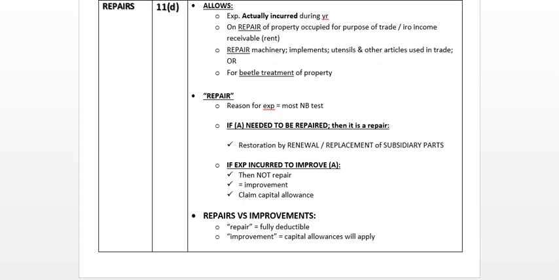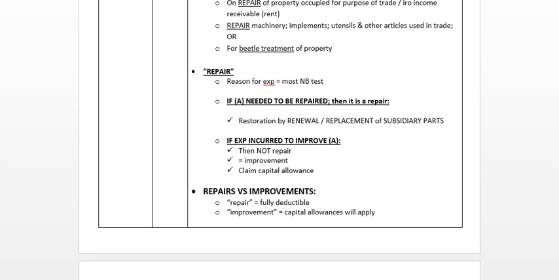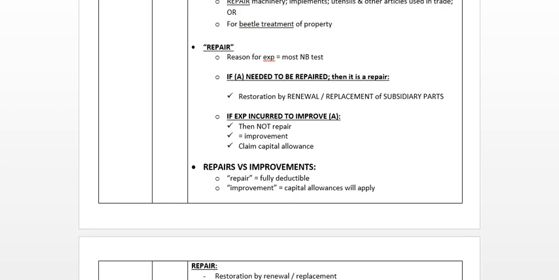So in the repair, you need to first determine what is the reason for the expenditure. If it needed to be repaired, then it is a repair. It's a restoration by renewal, replacement, or subsidiary parts. If expenditure is incurred to improve, then it's not a repair, it's an improvement. So repairs versus improvement: repairs are fully deductible.